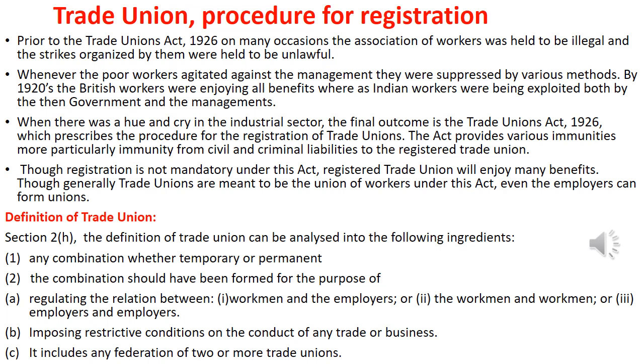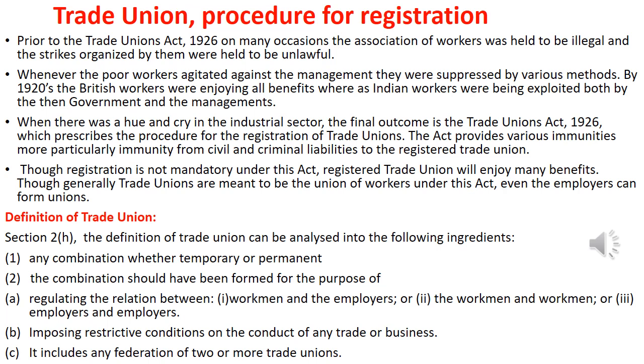More importantly, they are getting immunity against civil and criminal liabilities. So that is a great benefit. Though these trade unions were earlier meant for the union of workers only, even the employers can form unions. So let us move to the definition of the trade union.